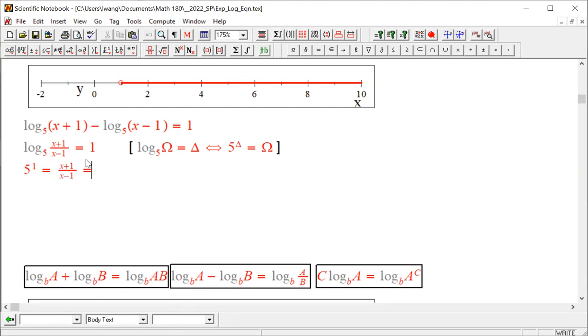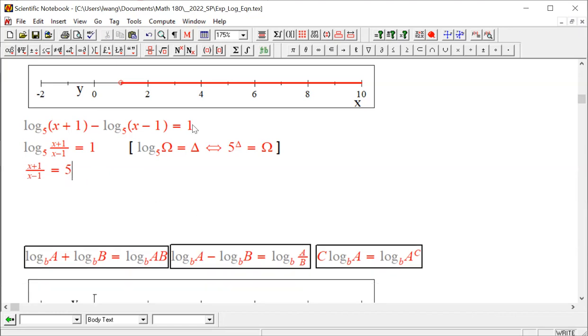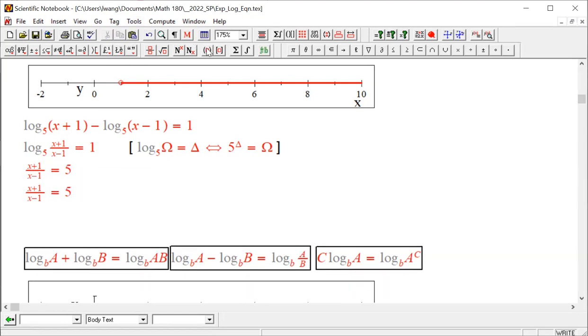You can put this on the other side too, which is more suitable to our custom. Then we're just solving for x. x is guaranteed to be larger than 1, so we don't have any worries about the domain, and x minus 1 is not 0 because x is larger than 1. At this point, we can multiply both sides by x minus 1, which is using principle number 4.